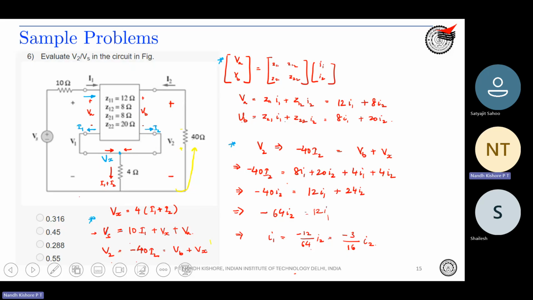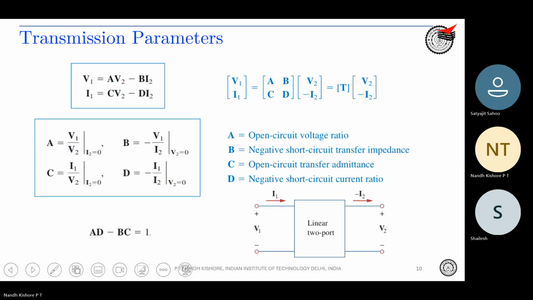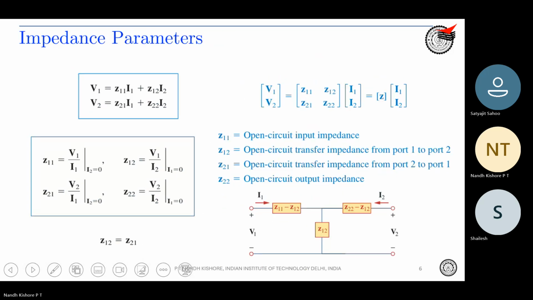Just give me a second. I'm still doing this. Oh, so this side is going inside.